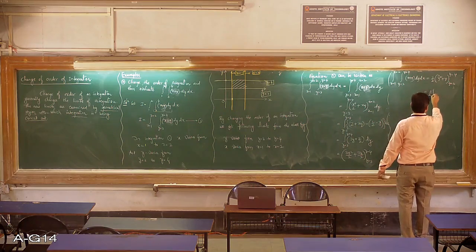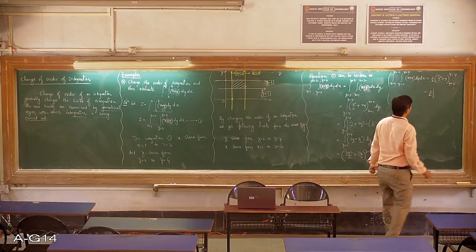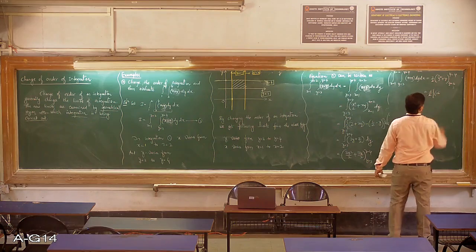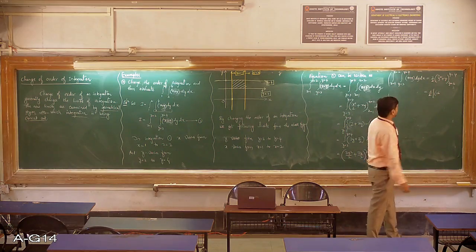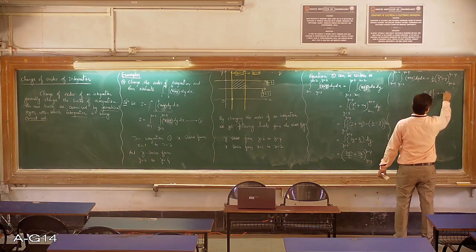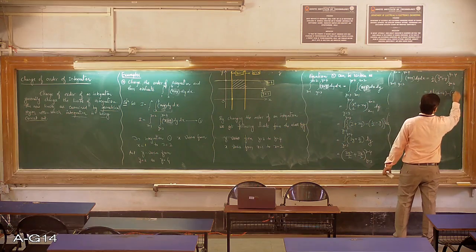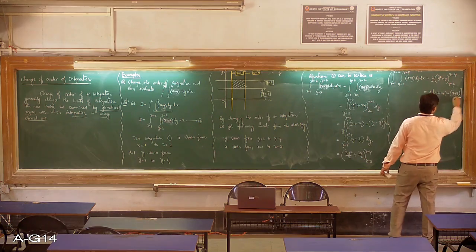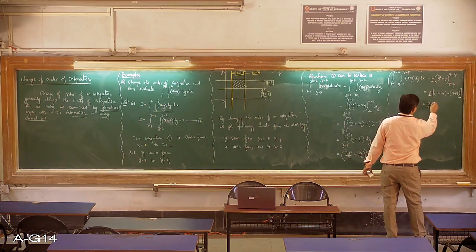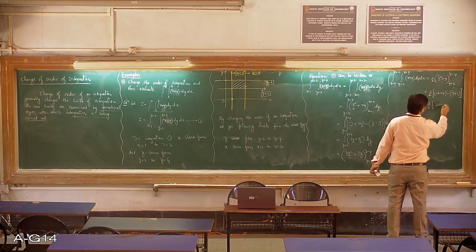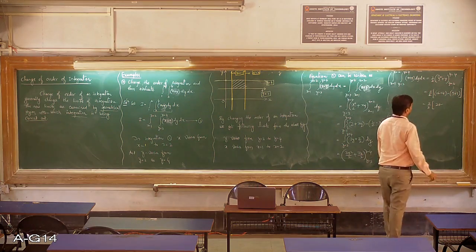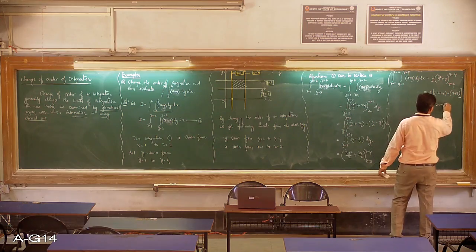Now put upper limit 4: 4 square means 16, 16 plus 4 minus 9 plus 3. So which is equal to 3 by 2 in the bracket, 20 minus 9 plus 3, it is 12.